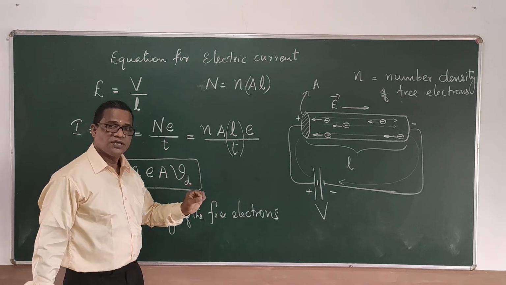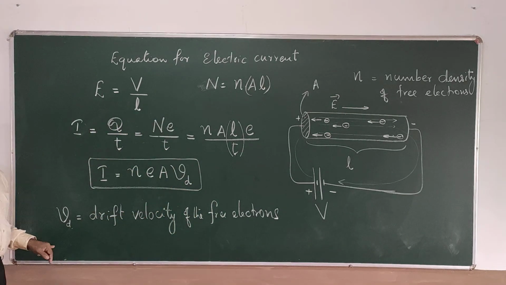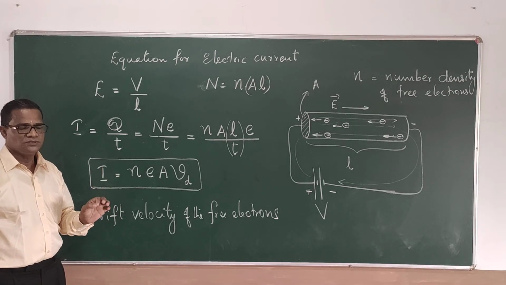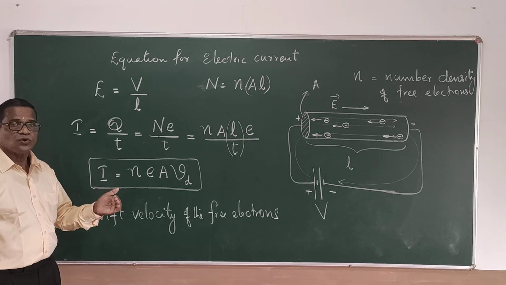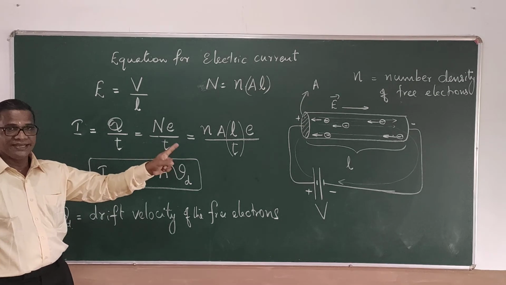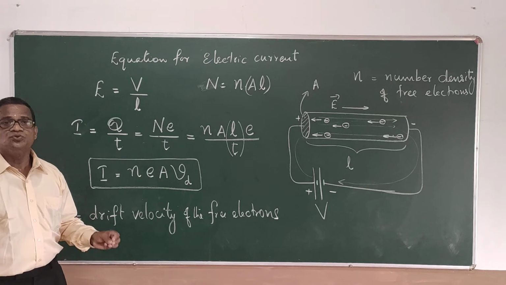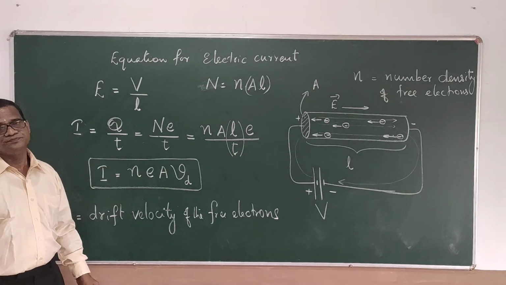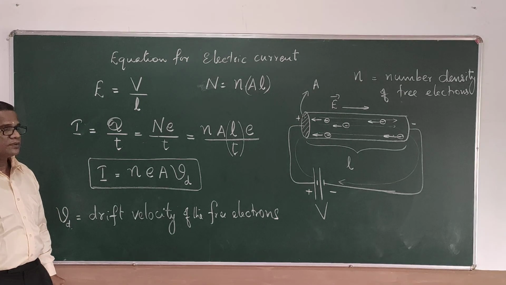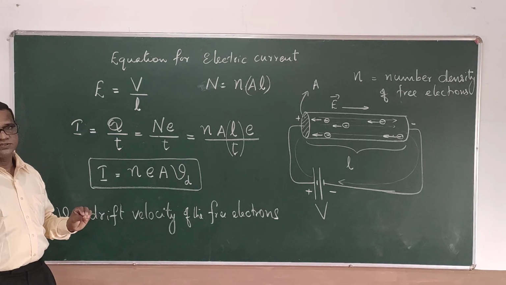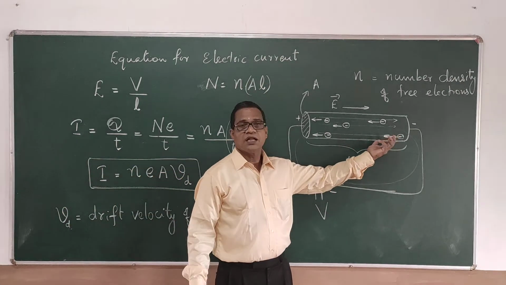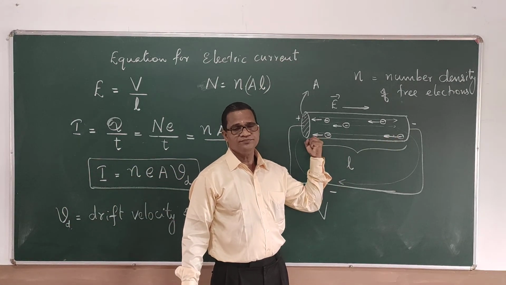The definition for drift velocity, we can take it as, it is the average velocity with which the free electrons are moving through the conductor to make the electric current pass through it. Okay? It's the average velocity. So when the electrons are moving through this conductor, they are not accelerating.